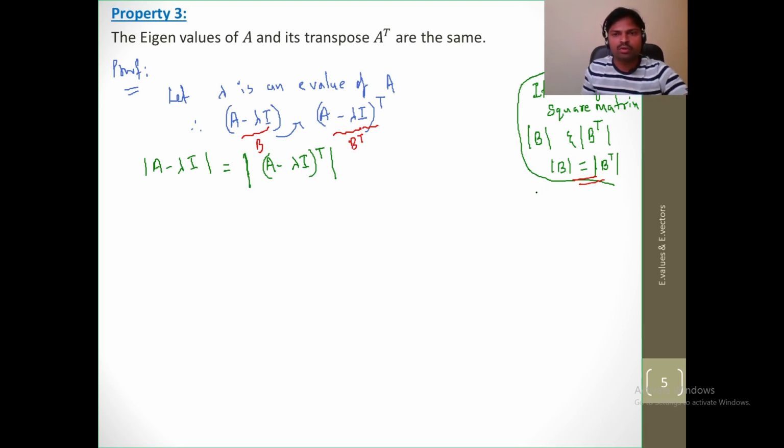And one more: what is (k1 times matrix A plus k2 times matrix B) whole transpose?